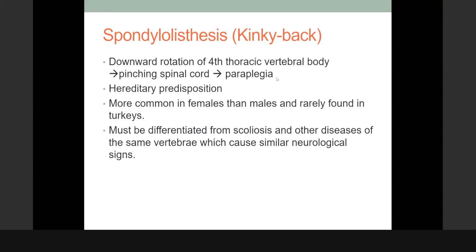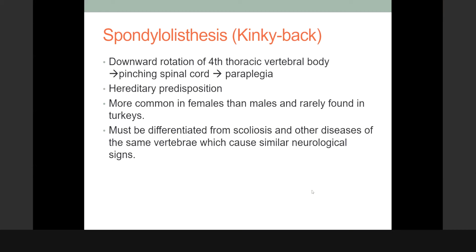Because in chicken, the fourth thoracic vertebra is the mobile vertebra. It can move and easily rotate or pinch down. It is said to have some hereditary predisposition, is more common in females than males, and is rarely found in turkeys. It must be differentiated from scoliosis and other diseases of the same vertebrae which cause similar neurological signs.